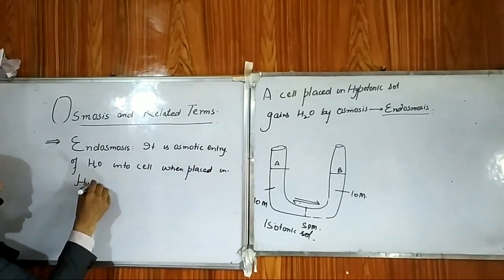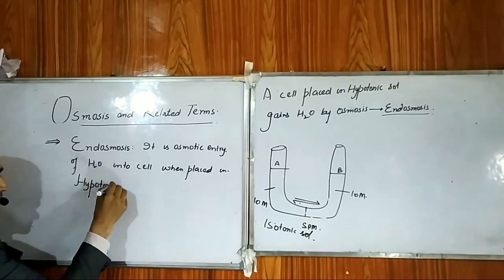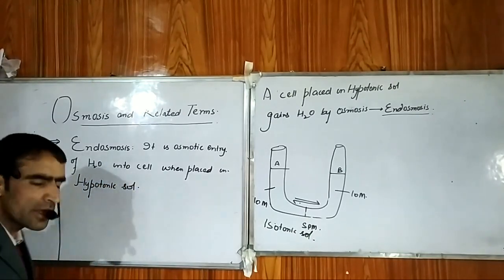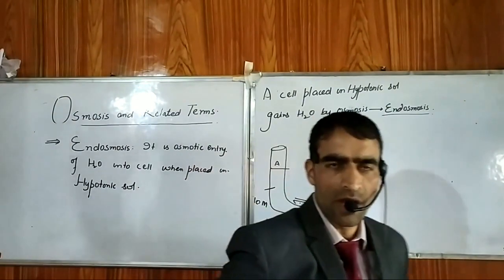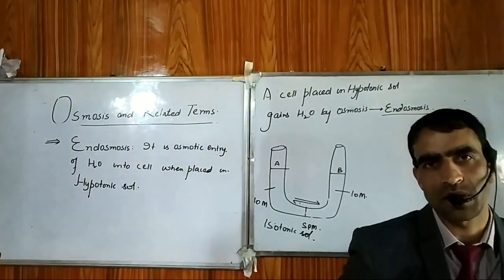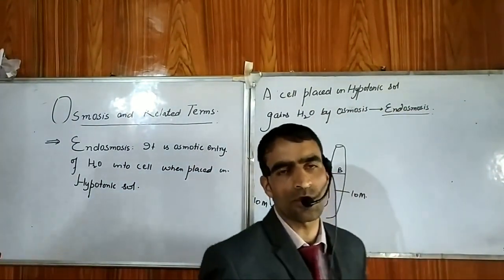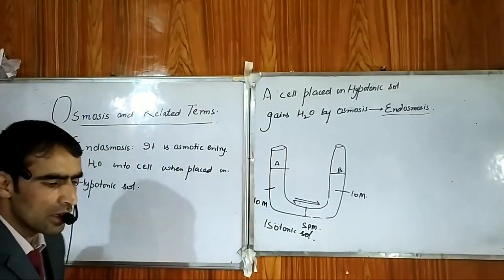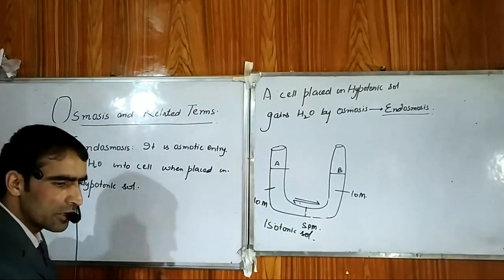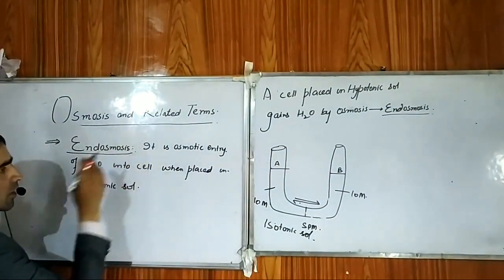But जब भी एक सेल के अंदर वाटर की एंट्री होती है, whenever water enters within this cell, if this is placed in the hypotonic solution, we say osmotic entry of water into the cell is called as endosmosis.